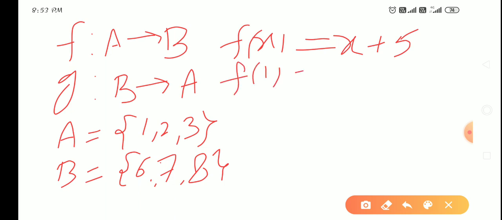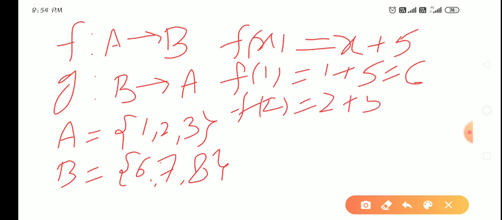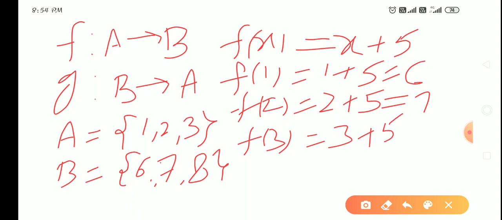If you put x equals 1, then 1 plus 5 you are getting 6. If you put x equals 2, then f(2) equals 2 plus 5 equals 7. If you put x equals 3, then f(3) equals 3 plus 5 equals 8. It means that from the domain you are putting the values and you are getting the values 6, 7, 8. These are the values of set B, meaning the range of the function.